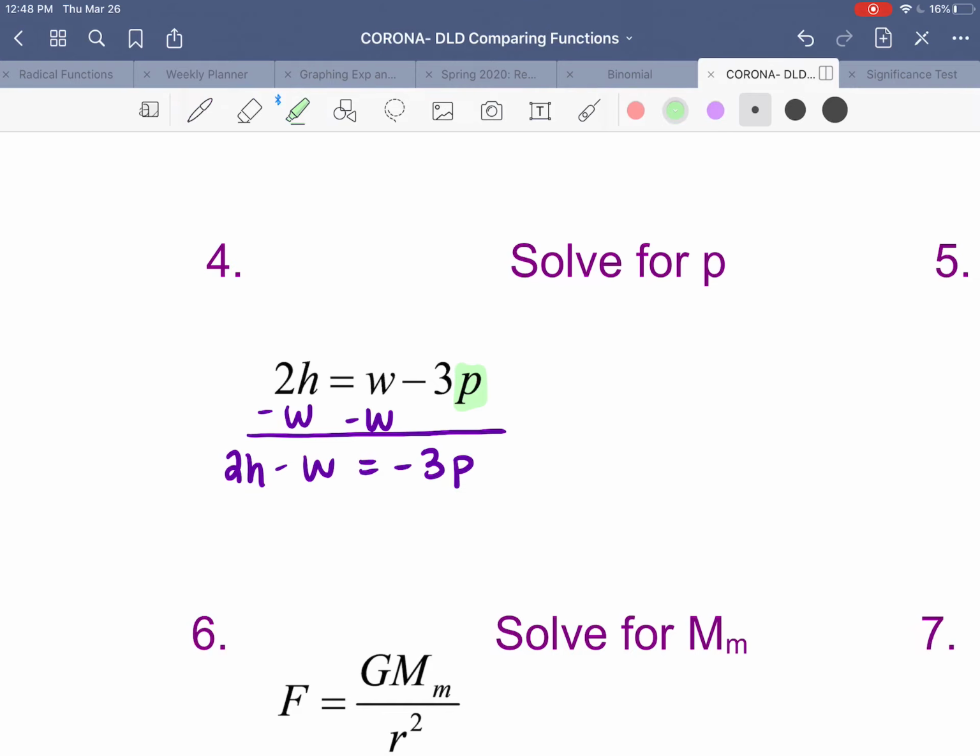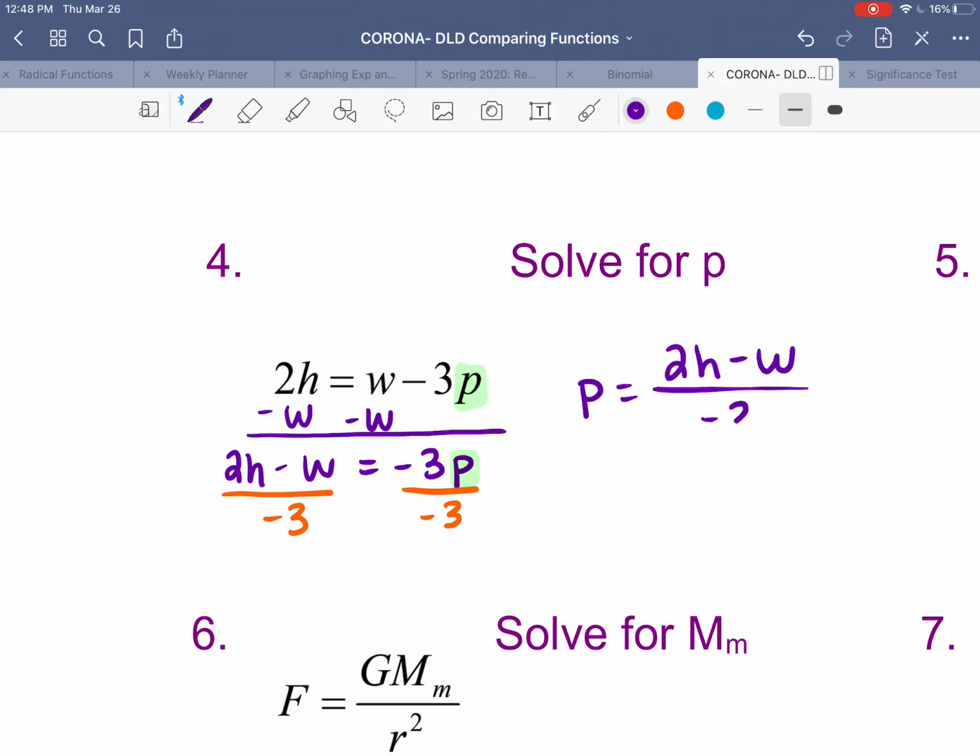Now again, focus on what you're trying to isolate. We want P by itself, so we're going to divide both sides by negative 3, which will give us P equals 2H minus W over negative 3.